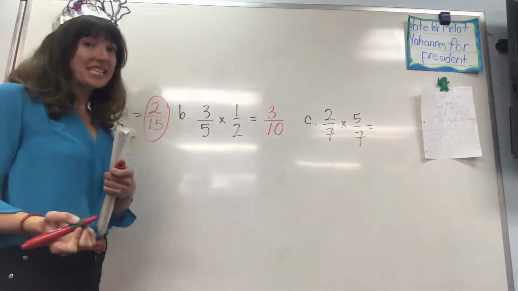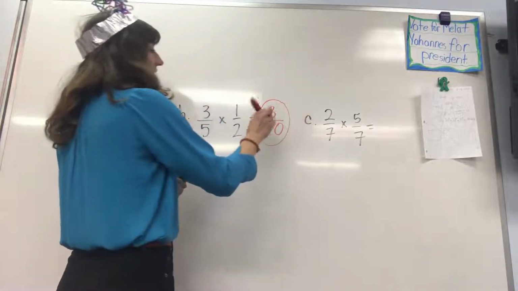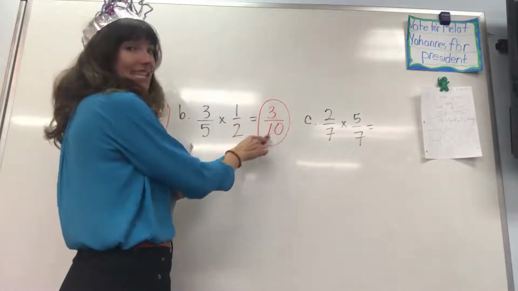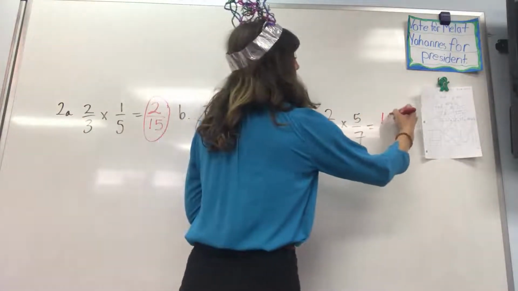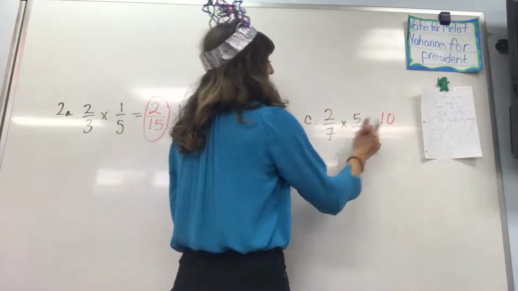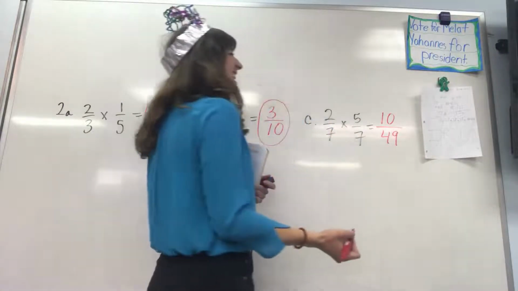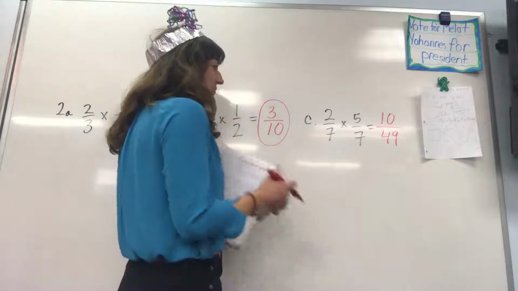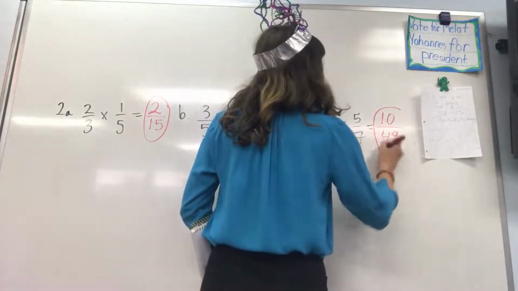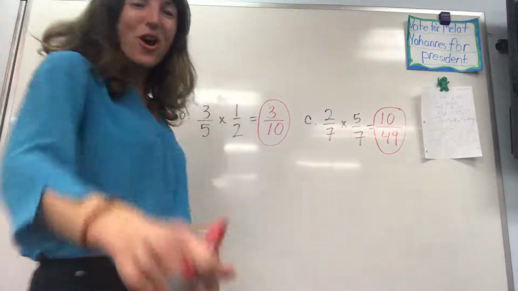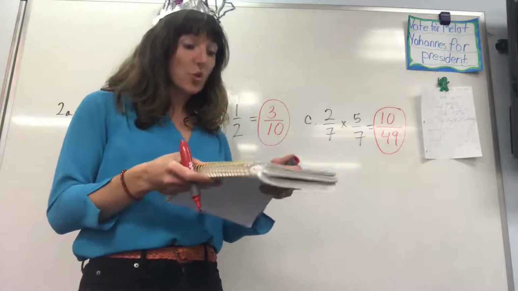Can we reduce 3 tenths? Nope, can't do it. You have an odd number and an even number. Can't do it. 2 times 5 is 10, and 7 times 7 is 49. Can we reduce any of those? No, we can't. All right, you do that last one on your own right now as I erase for story problem 3A and 3B.